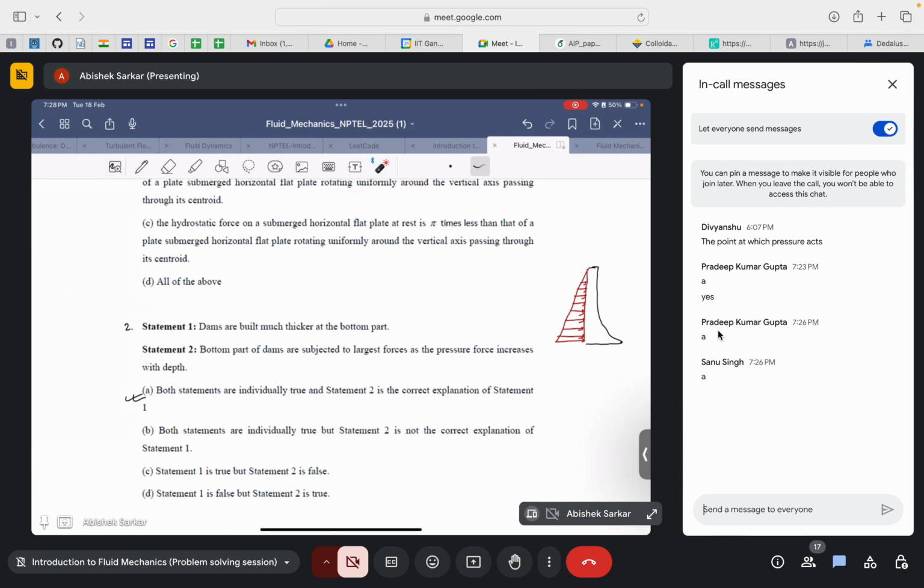Let us use that amount of material rather than the amount of material that is not required. We have to look into the cost part as well. That's why this kind of design is used in the case of dams, considering both the pressure distribution as well as the economic perspective. Okay, so let us look at the next question.